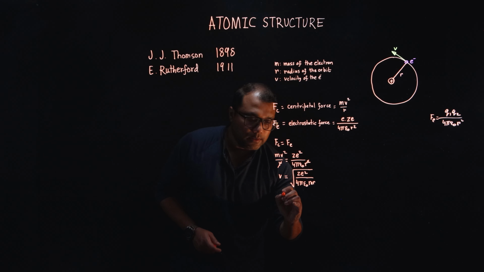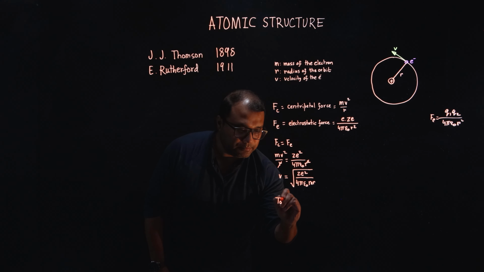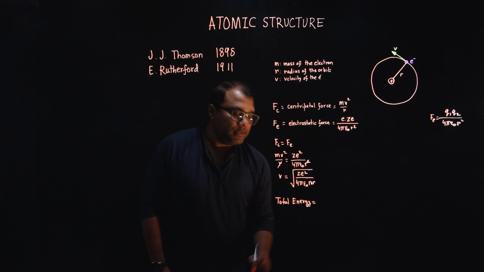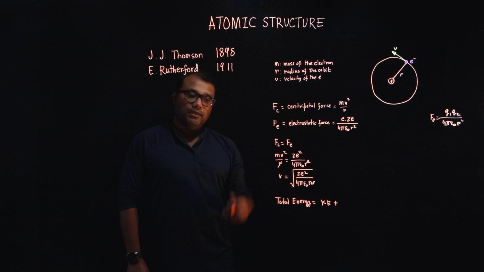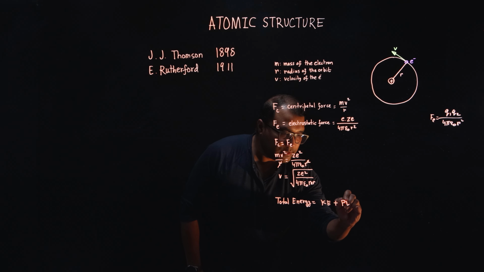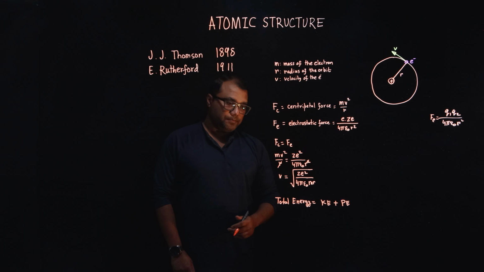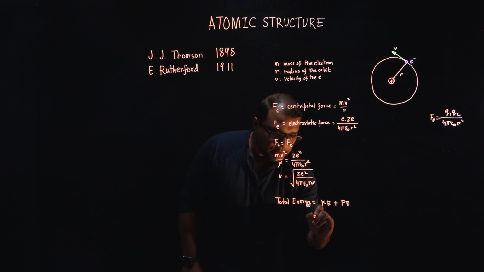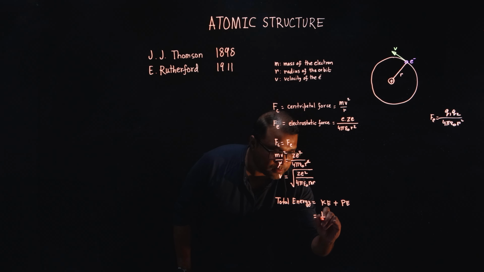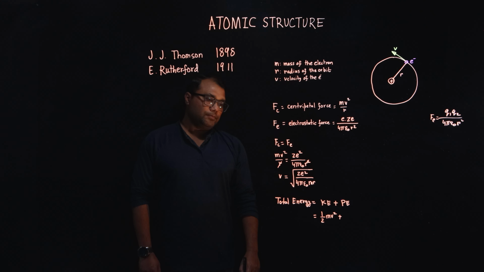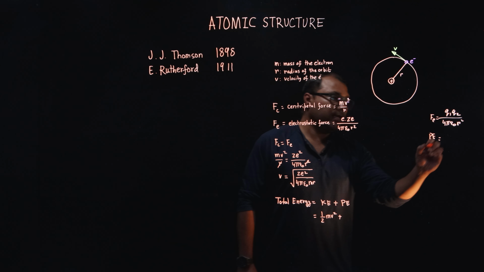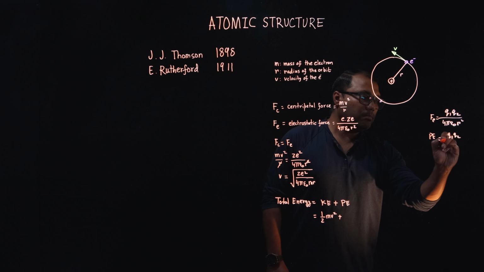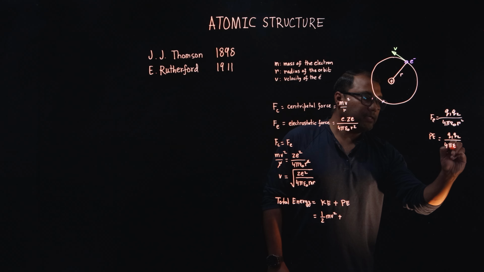Also, we can say the total energy of this system is the sum of kinetic energy, because the electron is in motion, plus potential energy, because there are two charges in place. Okay. So the kinetic energy is half mv square, and the potential energy between two charged particles is given as q1 q2 by 4 pi epsilon naught r.